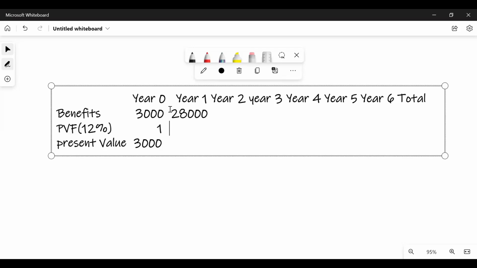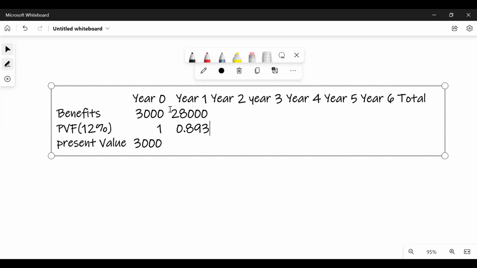If it is 12%, $1 from 1 year from now, what is the value now? 0.893, right? Yeah, we have to say 0.893. So that means $1 after 1 year will be worth today, that is 0.893.